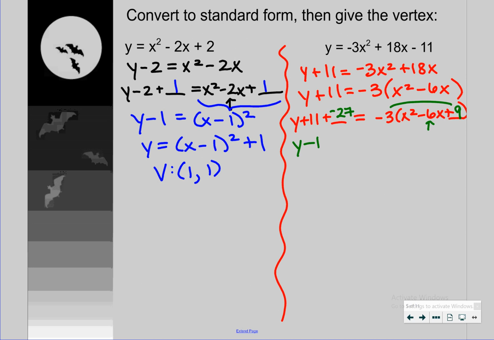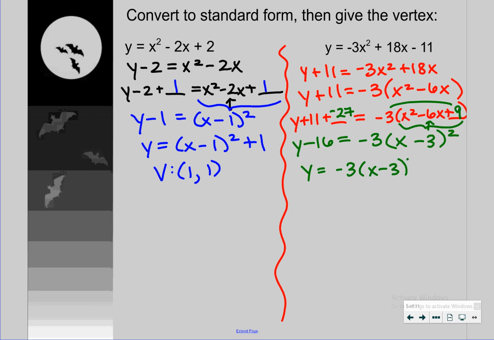I've got a -16. If I put those terms together, I can factor that trinomial I created. What does x squared minus 6x plus 9 factor to? Something squared. X minus 3. Yep, x minus 3, x minus 3. Good. And then last but not least, move the 16 over.